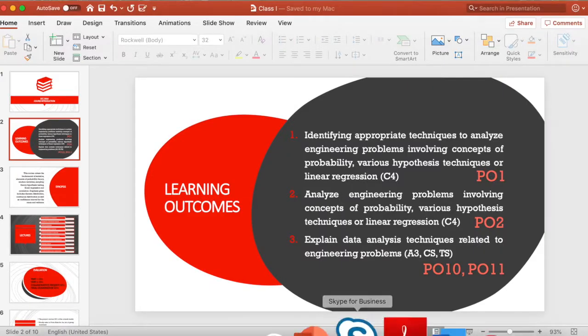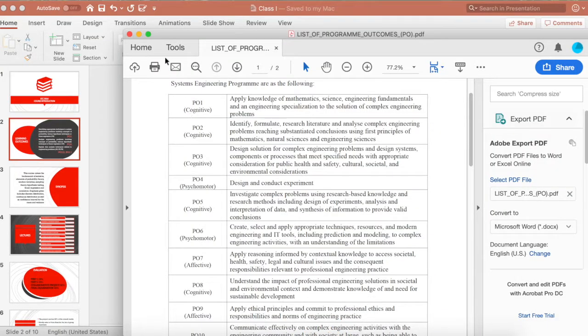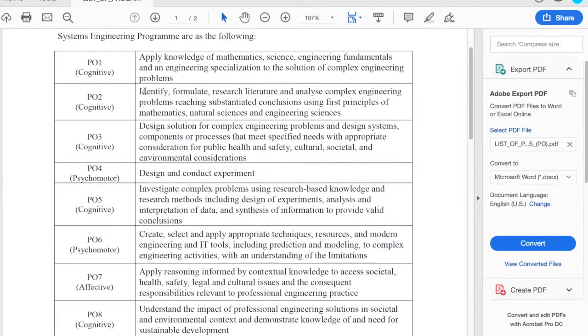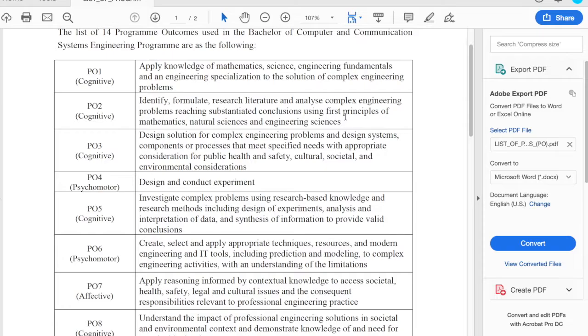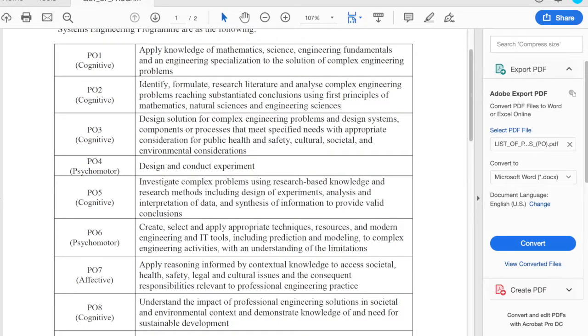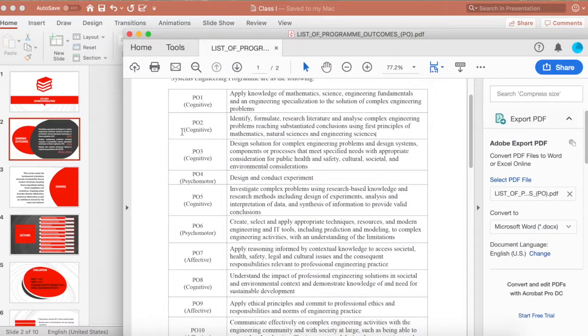PO2 is to identify, formulate, research literature, and analyze complex engineering problems, reaching substantiated conclusions using first principles of mathematics, natural science, and engineering sciences. All right, so this is PO2.